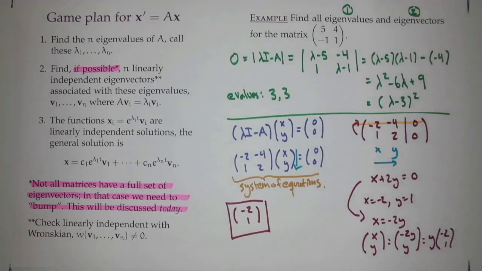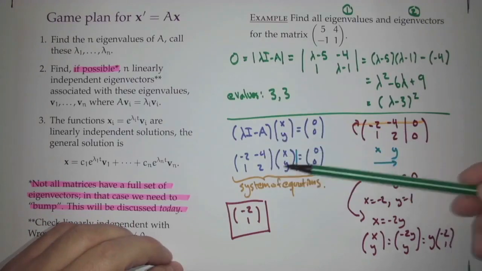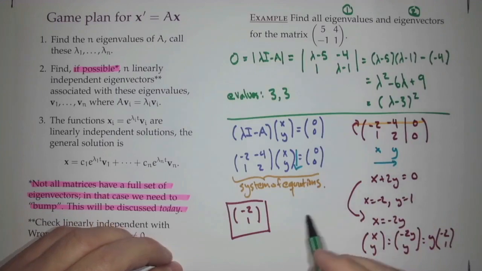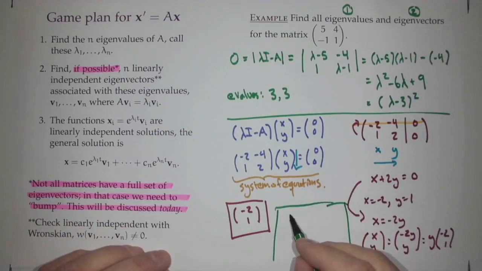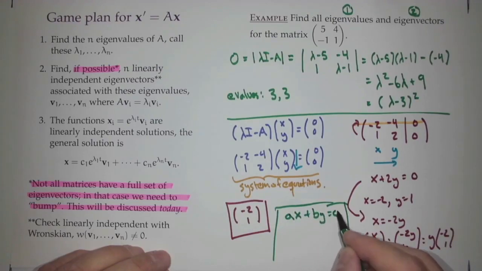On a side note, if you are faced with a situation where you're trying to find an eigenvector of a 2 by 2 matrix, just repeat the process, right? You set up your lambda I minus A, you get to knock out a row for free, and you get down to, let me just put a little box here, some relationship ax plus by equals 0.